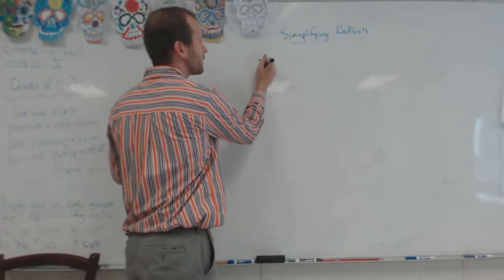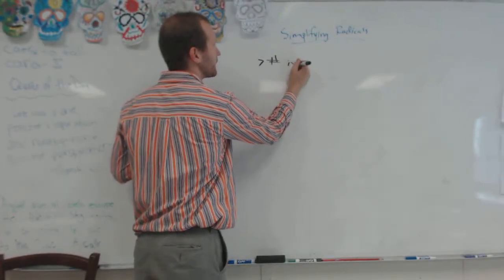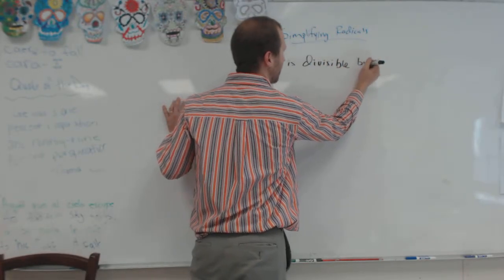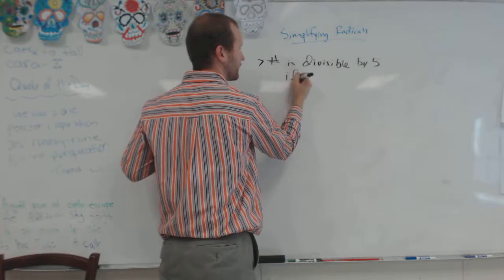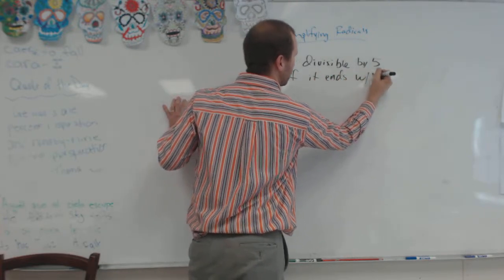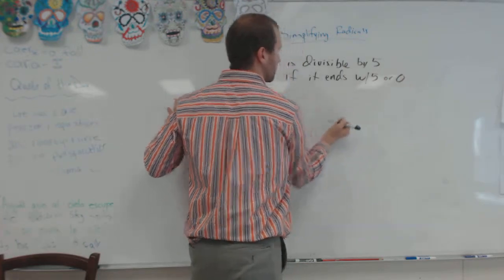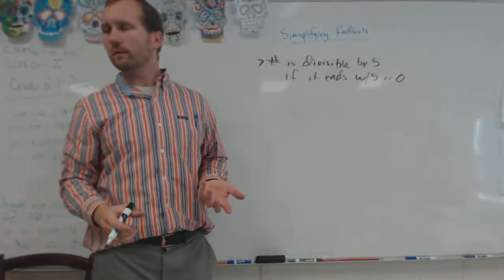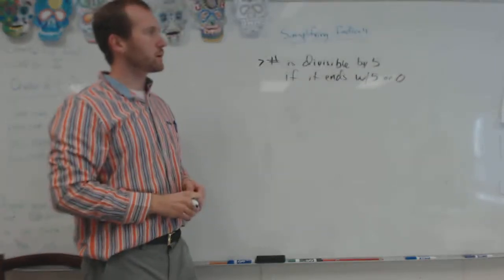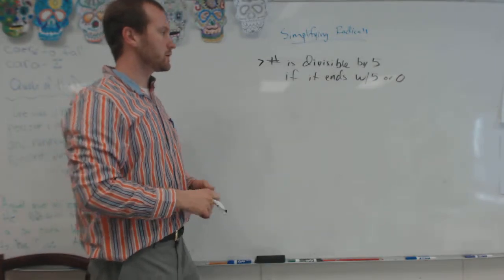So I think everyone probably knows that a number is divisible by 5 if it ends with 5 or 0. I think you guys probably know that.